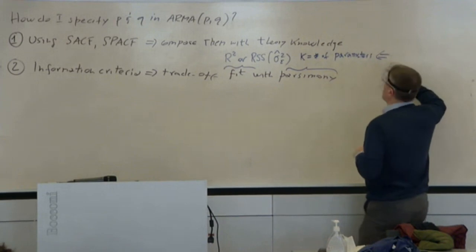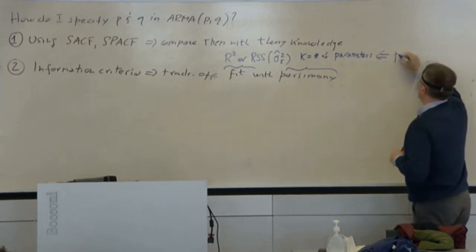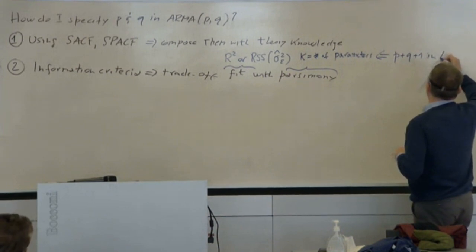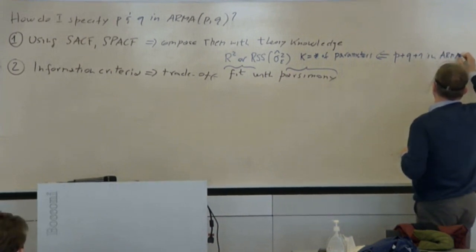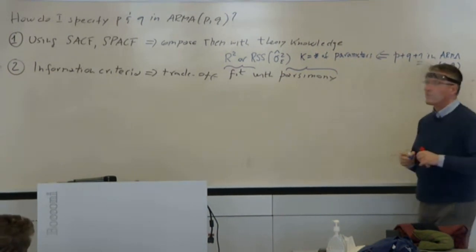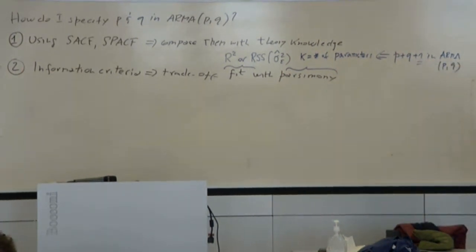Notice that in the case of ARMA models, it's just P plus Q plus 1, because you have ARMA(P,Q). The plus 1 comes from the fact that typically we specify an intercept, called phi 0. Now, it's very weird, so you don't see that done, but in principle you may dream of estimating ARMA models without the intercept.